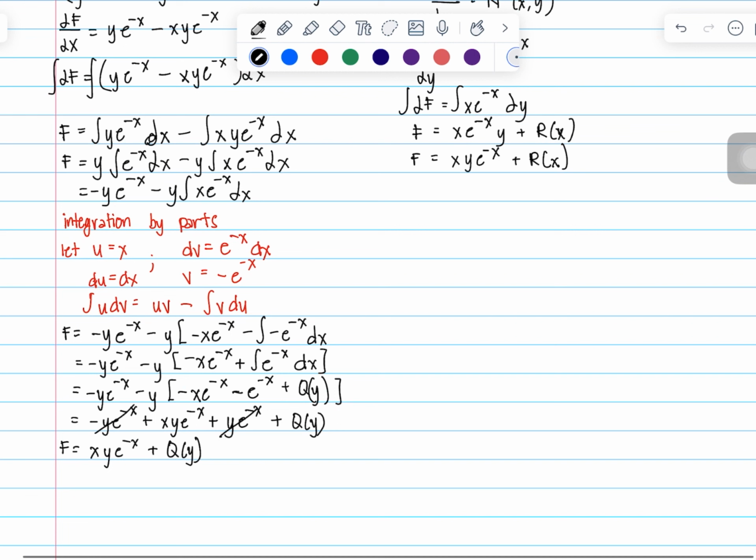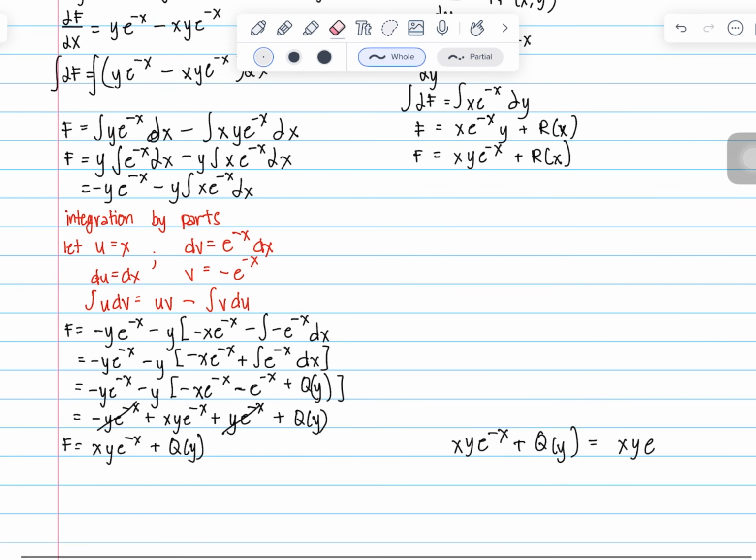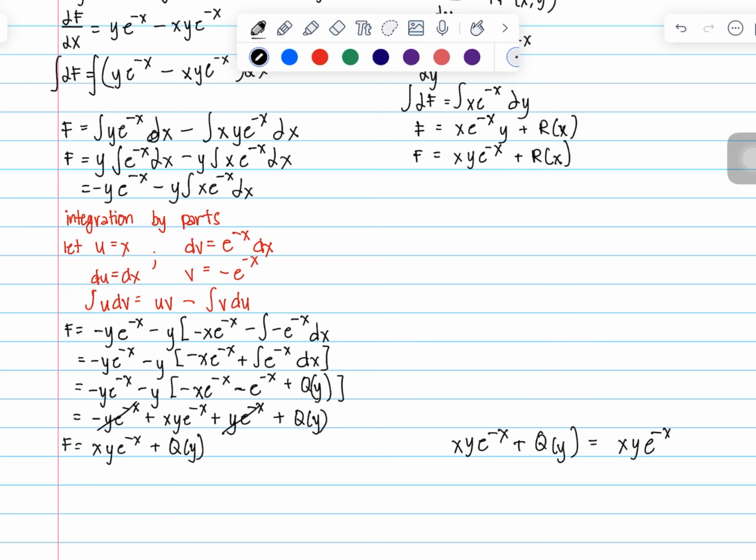Both are equal to f, and so we have x y e to the negative x plus q in terms of y is equal to x y e to the negative x plus r of x.